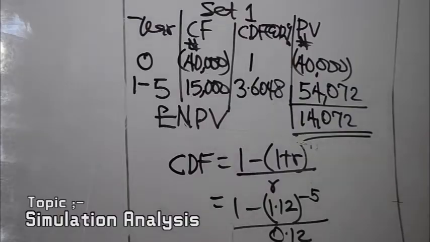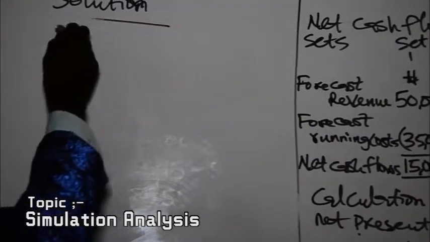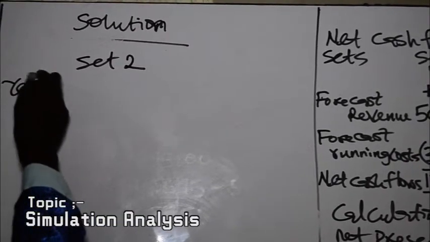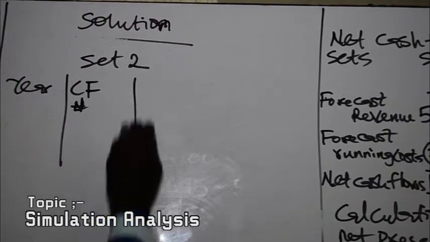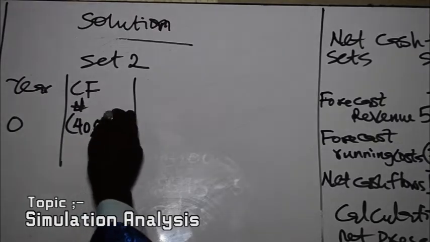Then you do a similar thing for set 2. Year 0, the outlay still remains 40,000 naira.